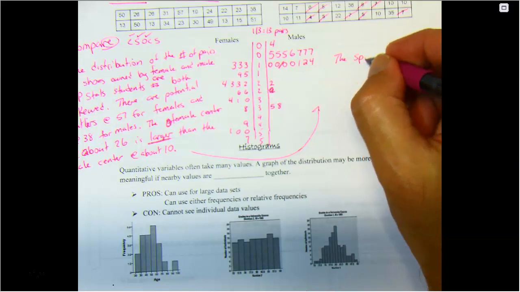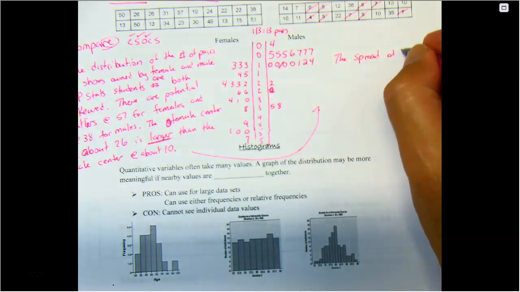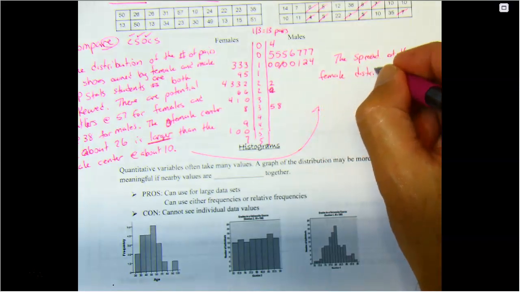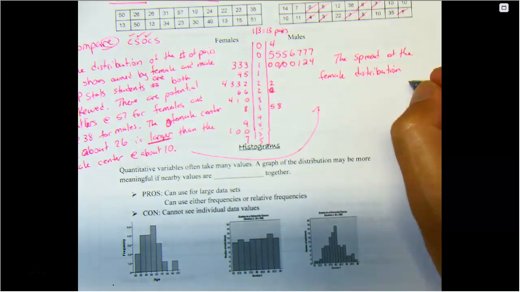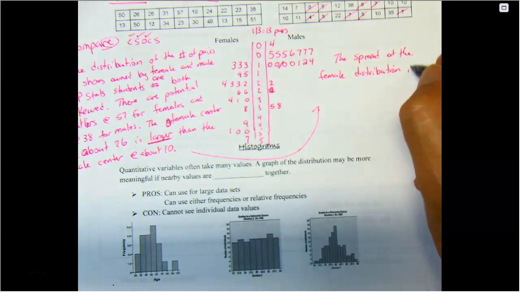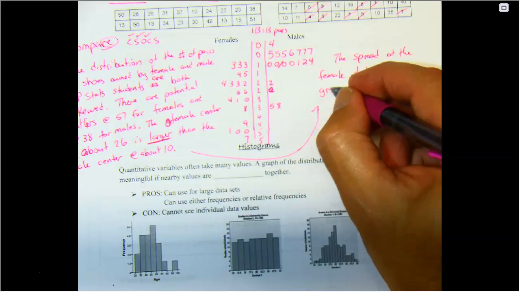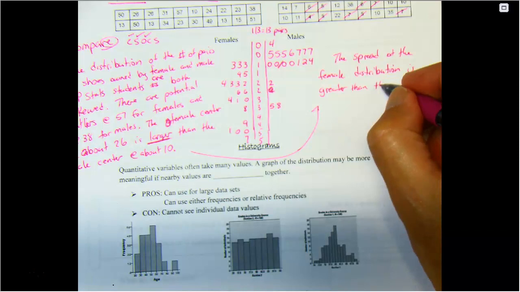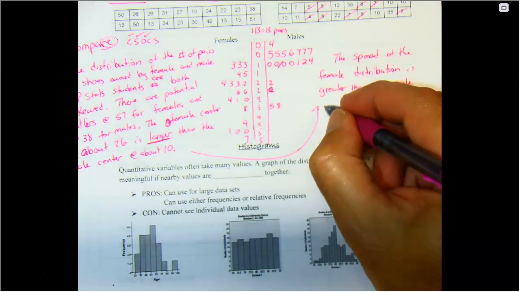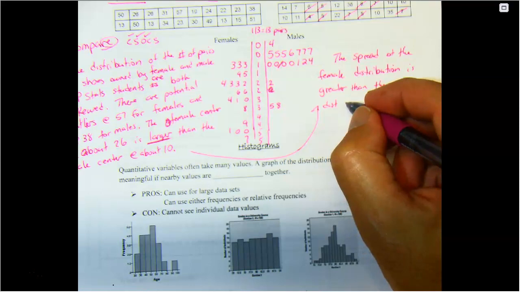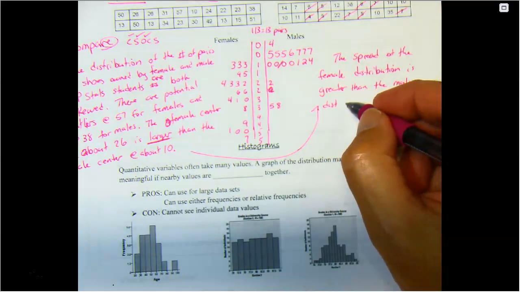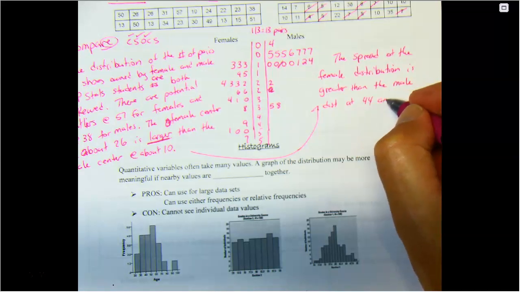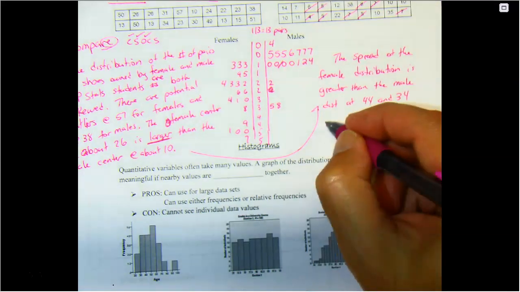The spread of the female distribution is greater than the male distribution at 44 and 34, respectively.